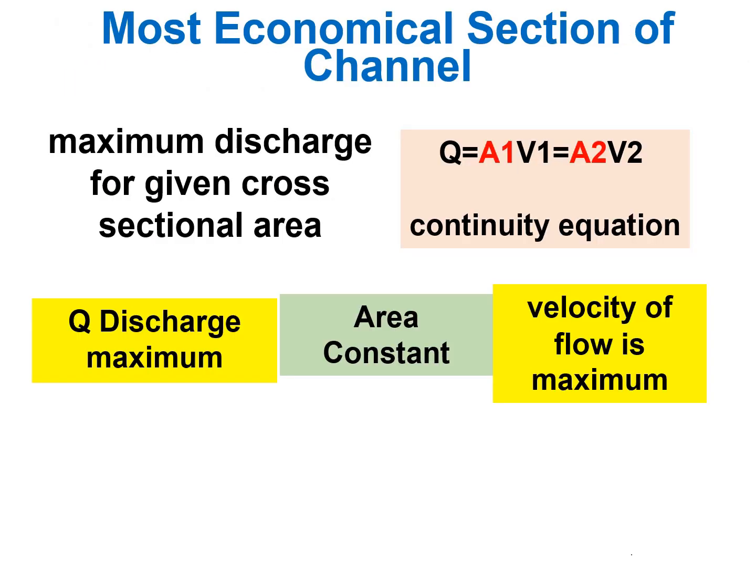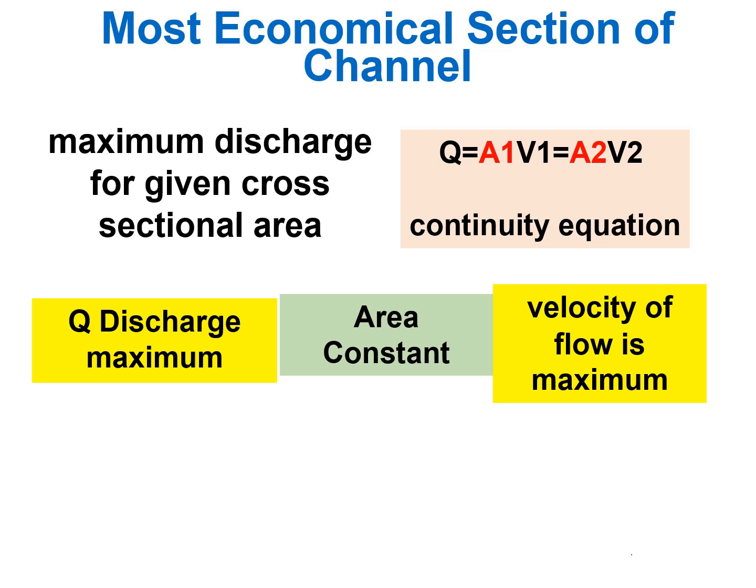For the most economical section of the channel, the maximum discharge for the given cross-sectional area has to be attained. When the cross-section of the channel is maintained constant, the velocity alone can be varied based on the continuity equation Q equals A1 V1 equals A2 V2.